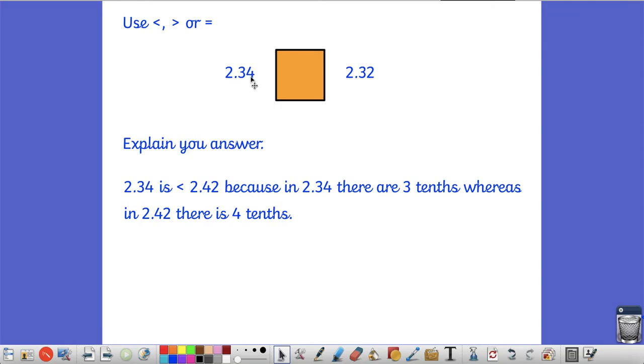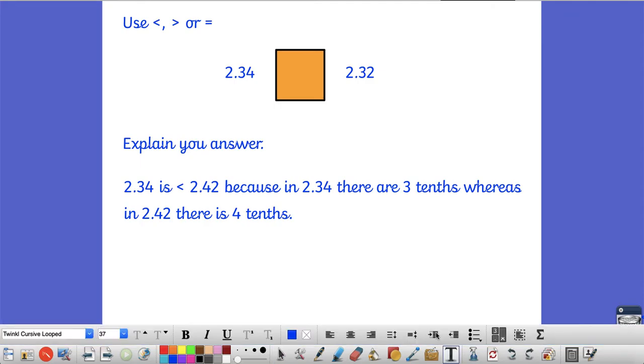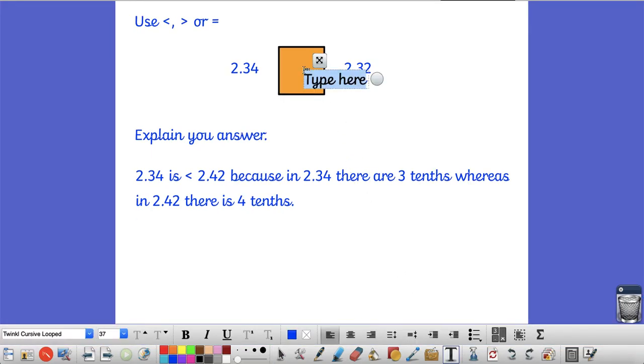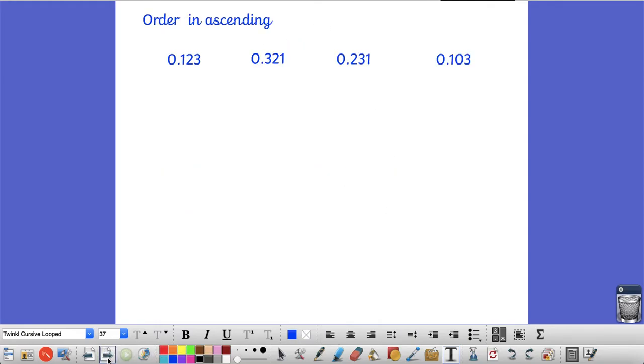Now in this hundredths column here I've got 4, and in this hundredths column I've got 2. And we know that 4 is greater than 2. So in this case, I'd have to use the greater than symbol, because this time 4 hundredths is greater than 2 hundredths.